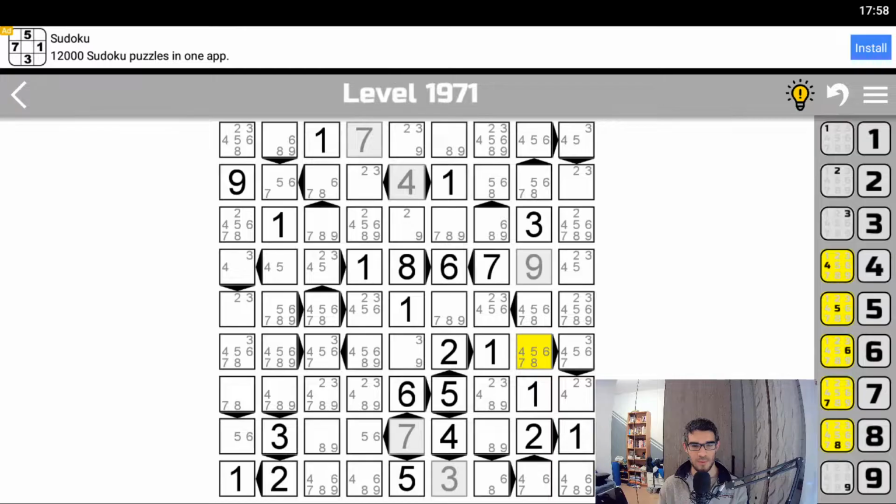Can I do something more here? 4, 8. I think I can't really, because I've placed everything. Like I should check if I can place some 2s or some 3s somewhere, now that I have placed a bunch of them around. Just quickly looking for, but I don't think I can.